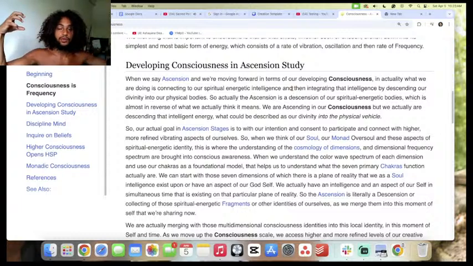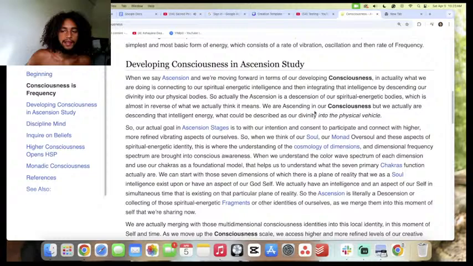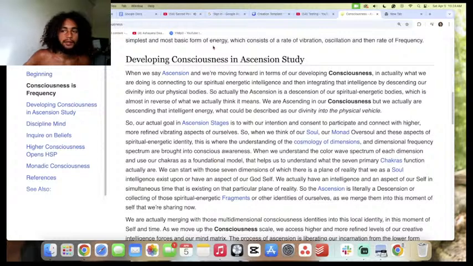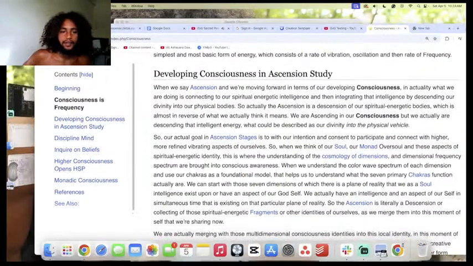The more that you grow, the more you're able to take in. The more your receptors grow, your consciousness, because that's what you are, you gain access to that divinity, that divine aspect of yourself, that spiritual energetic intelligence they're talking about. And what I was showing y'all to be your higher bodies, right?